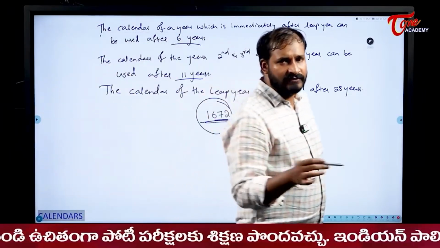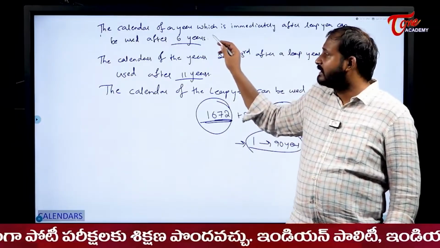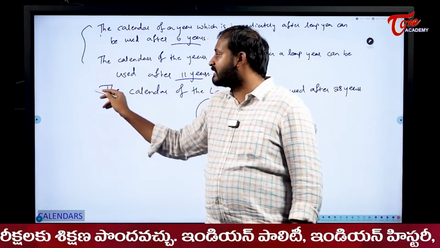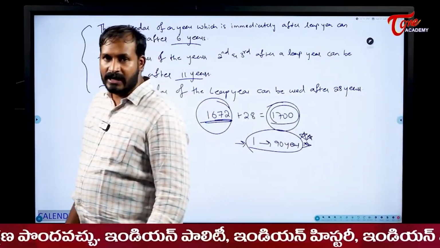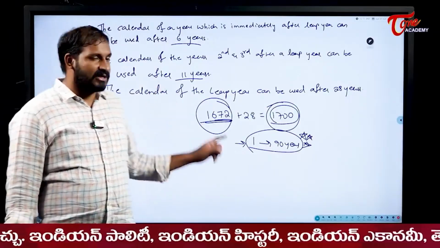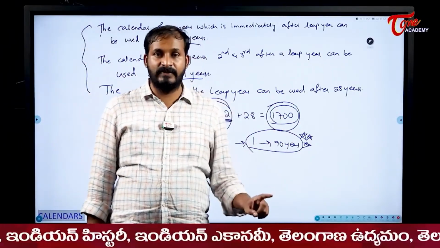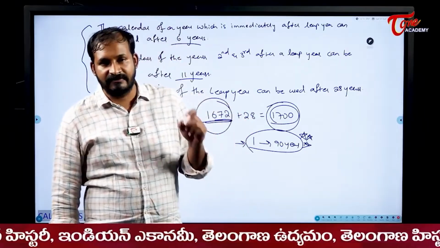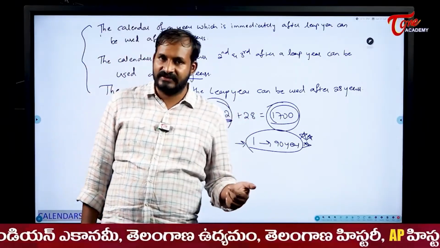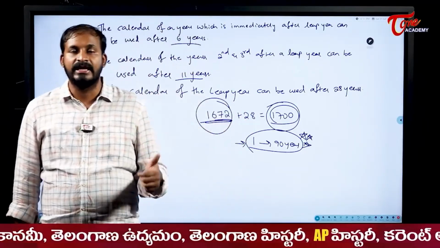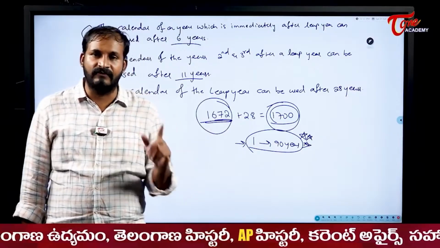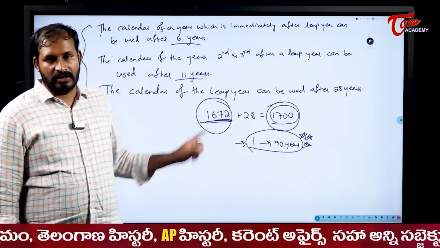But till now, in most of the examinations, they are asking the question in such a manner that you will get answer by using this logic only. But remember, once again I am telling, this logic has some limitations. It will not work for all the cases. Please be careful. After getting the answer, make sure that a non-leap year is matching with non-leap year and a leap year is matching with a leap year. Please be careful with this concept, with this shortcut.